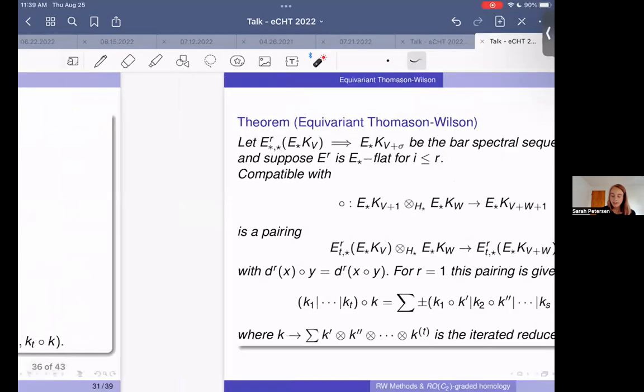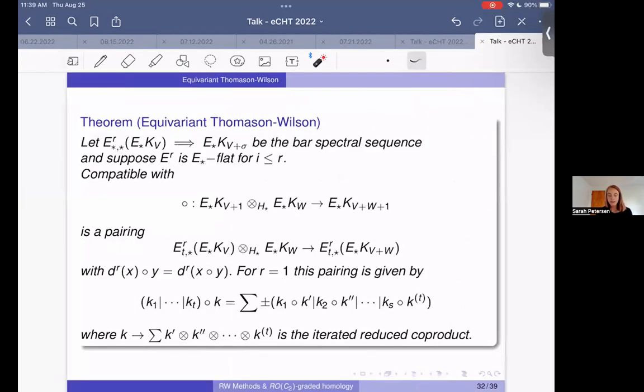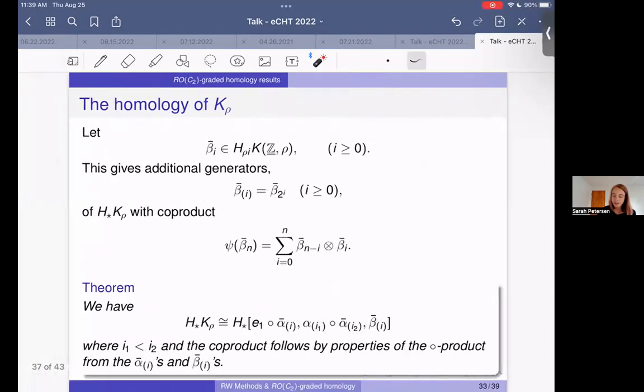And this leads to a spectral sequence pairing where you do need to know that you have sufficient freeness or flatness in order to get this pairing. But as long as you have that, you once again have a pairing on the E1 page, which is given in terms of the iterated reduced coproduct.